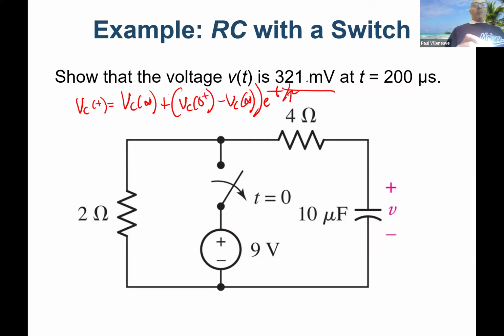So we've got 3 things we need to solve for. We need Vc of 0 plus, we need Vc of infinity, and we need tau. So the question is, what is Vc of 0 plus equal to? How would you solve for Vc of 0 plus? Any ideas?